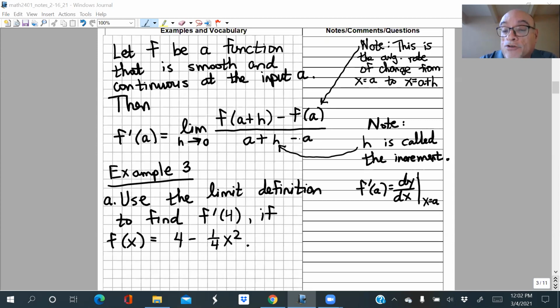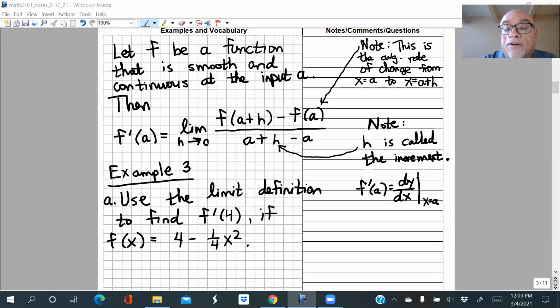So we're finding an average rate of change, or you can think of that as finding the slope of a secant line. And now, however, what we're going to do is determine what happens to that average rate of change as this increment gets smaller and smaller.